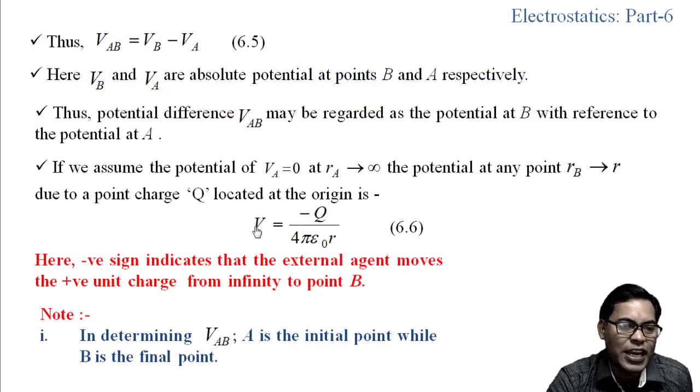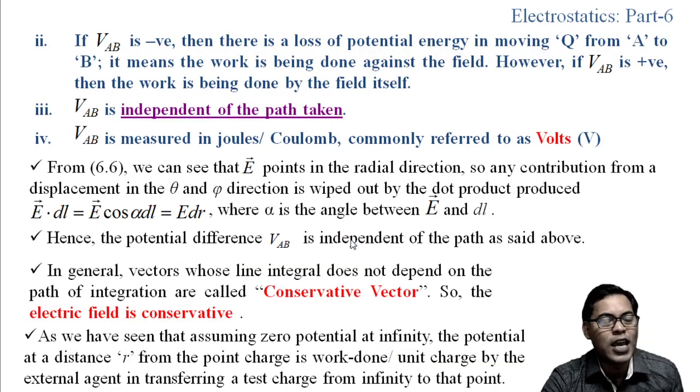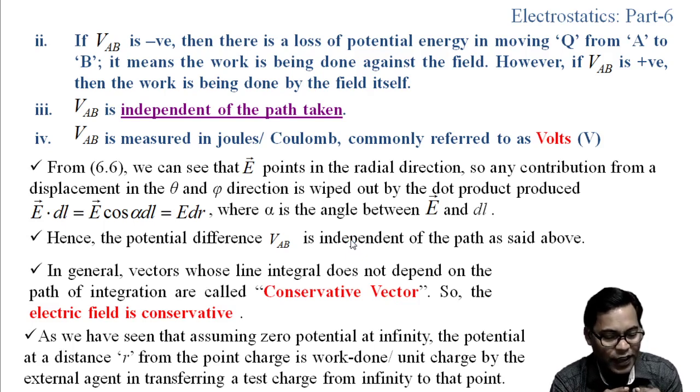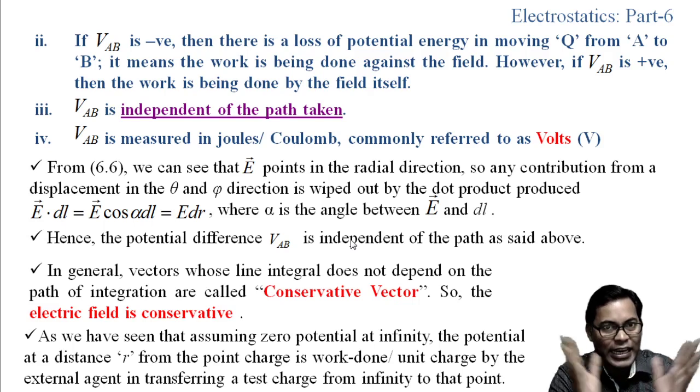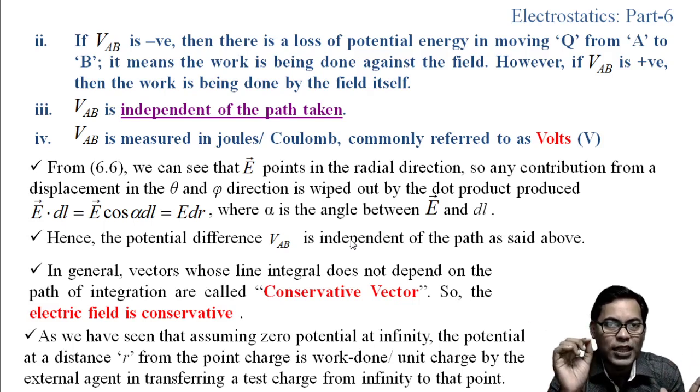Now from equation 6.6, we can see that V is only dependent on R. So now if we consider the spherical coordinate system, at the center of the sphere the test charge is present. For that we have the electrostatic field, and for this electrostatic field we want to find out the potential at some point.